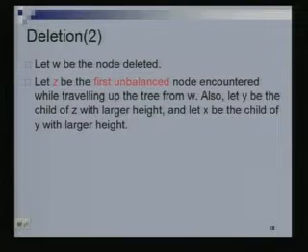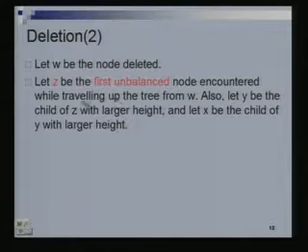Okay. So let's say W is the node that we are deleting. Now we are going to define our x, y and z slightly differently. Z is once again the first unbalanced node that we encounter as we go up from W towards the root. When I delete W, the heights of the ancestors of W could reduce, so one of these ancestors may be unbalanced.